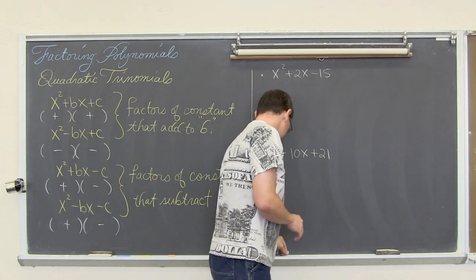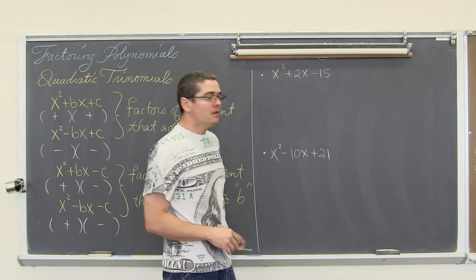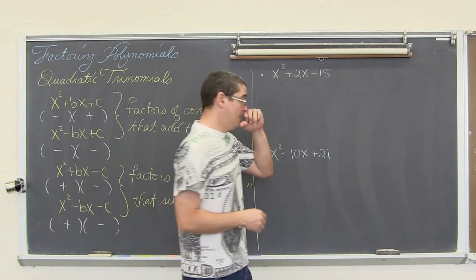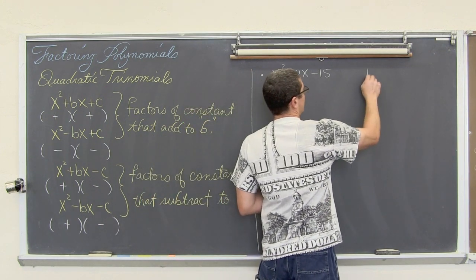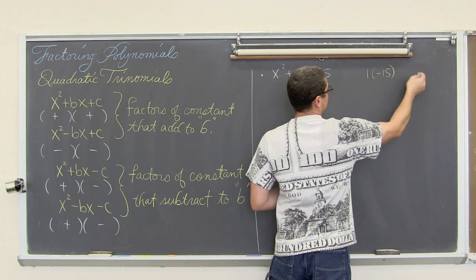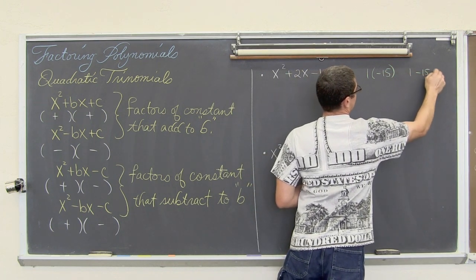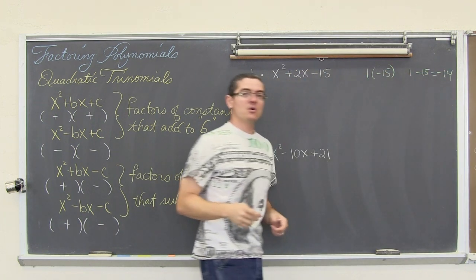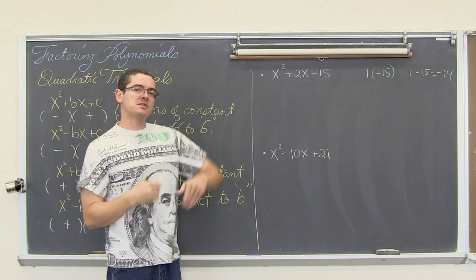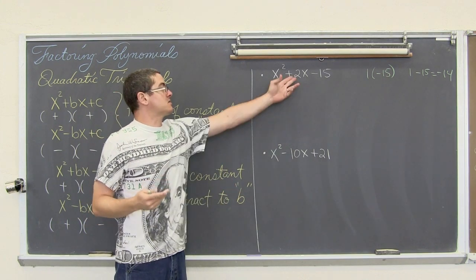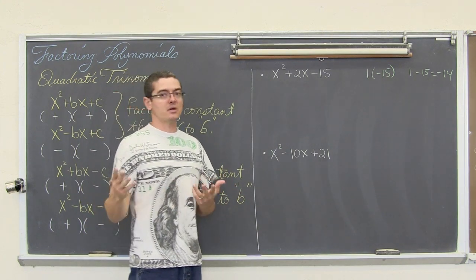So what are your factors of 15? Well, your factors of negative 15 are going to be 1 and negative 15, but those subtract to be negative 14. If I reverse those signs, I'm going to get positive 14, and my middle term has a 2 in it, so I don't want that.